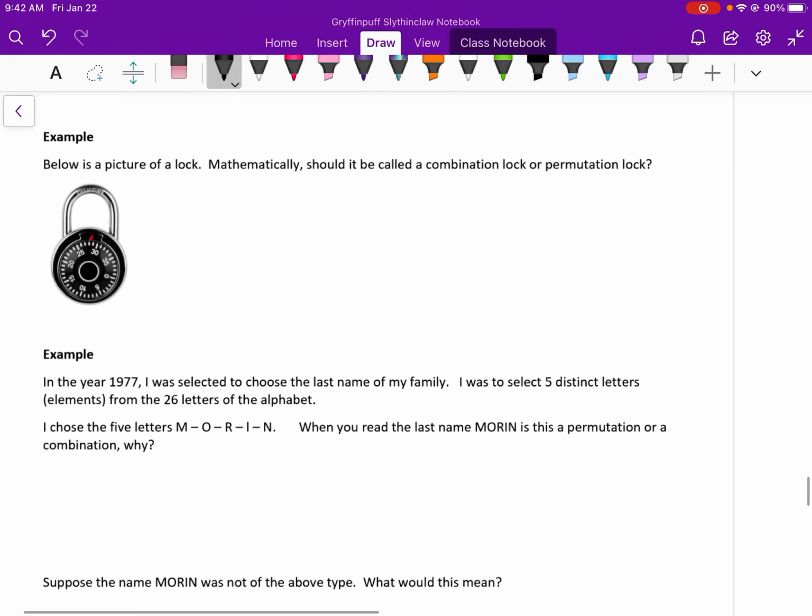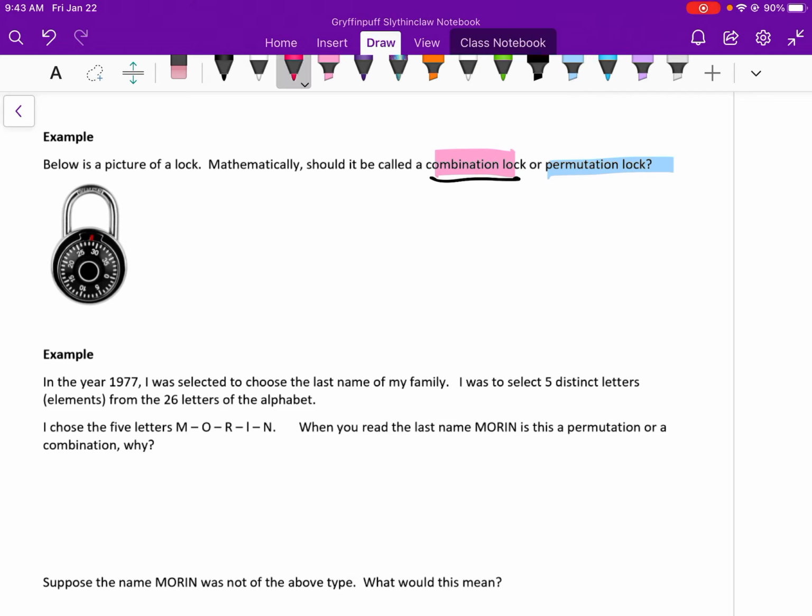All right, so below is a picture of a lock. Mathematically, should it be called a combination lock, right? Is this a combination lock, or is it more of a permutation lock? Great question, I say.